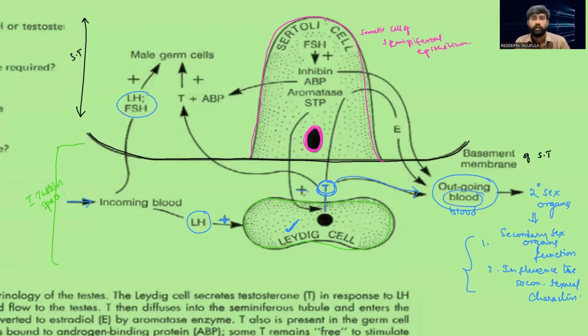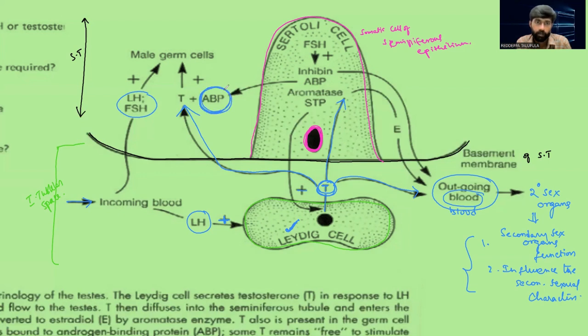Okay. Next, another function of testosterone is that it enters into the Sertoli cell and converts into estrogen. Okay, testosterone enters into the Sertoli cells and causes the stimulation of spermiogenesis and spermatogenesis. On the other hand, it also reaches the male germ cell by means of ABP.